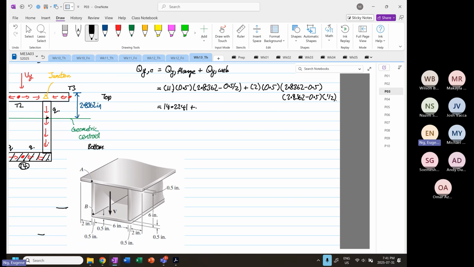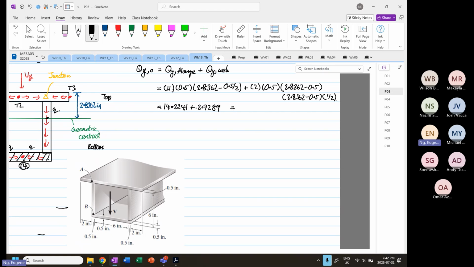Then plus 2.8362 minus 0.5, squared because it happened twice, times 0.5 times 0.5 times 2, which is equal to 2.7289. So this will be equal to 14.2241 plus 2.7289.